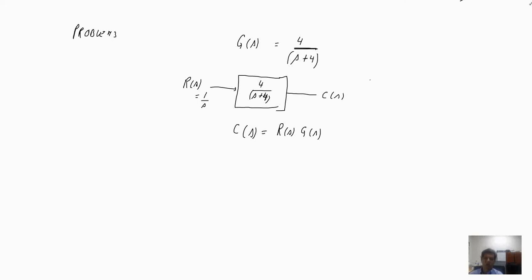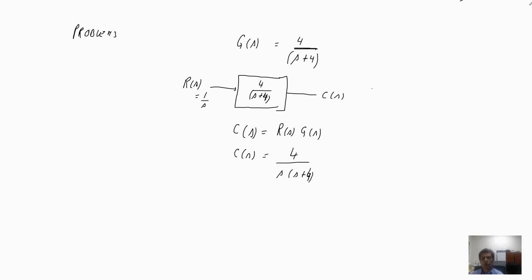The goal is first to do the pole zero plot and see whether the system is stable to begin with. You can write this as C(s) equal to 4 over s times (s plus 4). This is the response, isn't it?